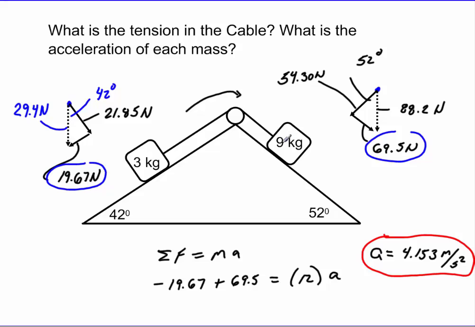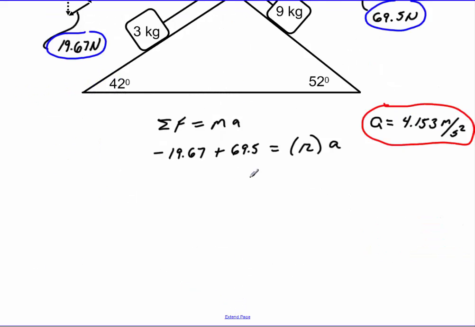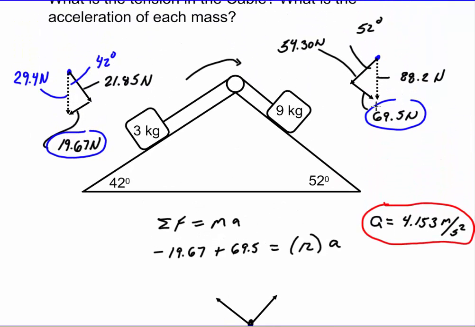Now, to do tension, you can pick one. Doesn't matter which one you pick. So I'm going to pick the 9. For the 9 kilogram, it's 69.5. That's the right gravitational force. Yes, 88.2 times sine of 52.